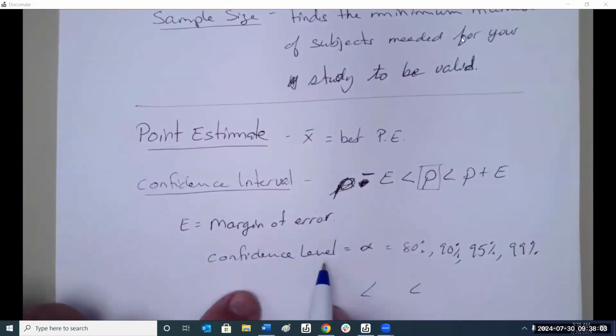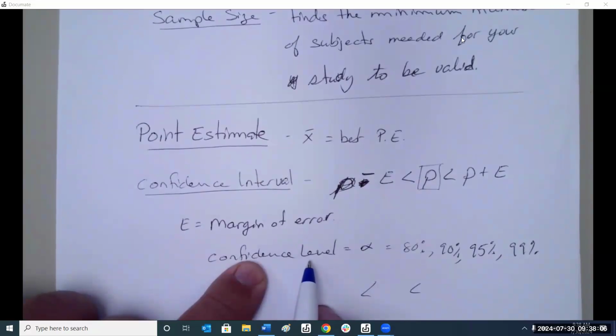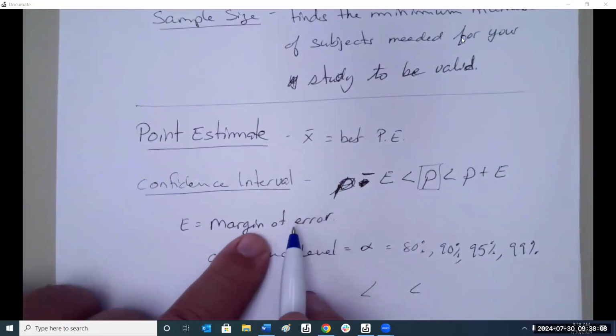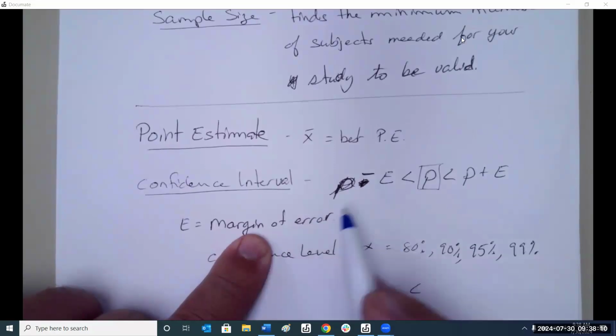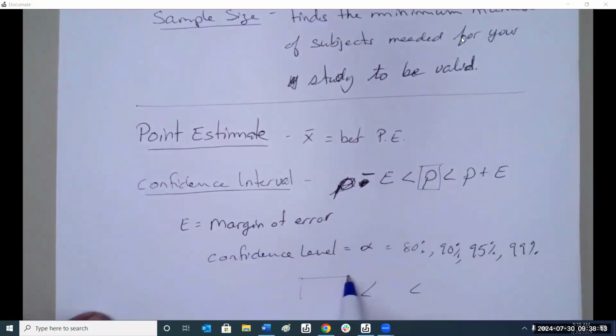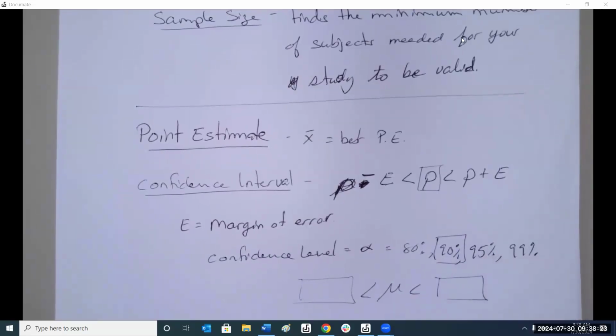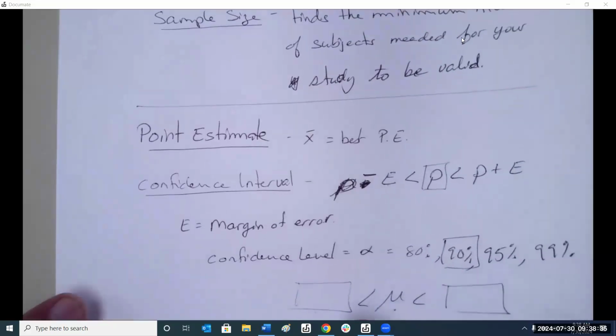Once we get our value for the confidence level, then we can calculate the margin of error, and then we can find our lower limit and our upper limit for what's going to be our mean in this case. So if we use a 90% confidence level, then there's a 90% chance that the population mean will be within these two values we calculate. So that's the objective for today's class.